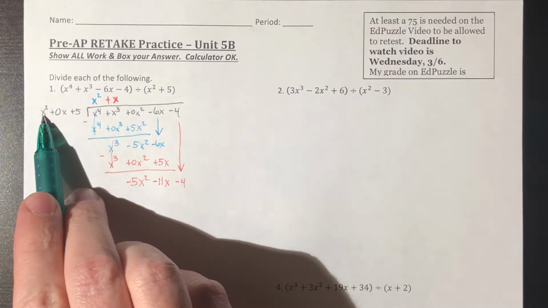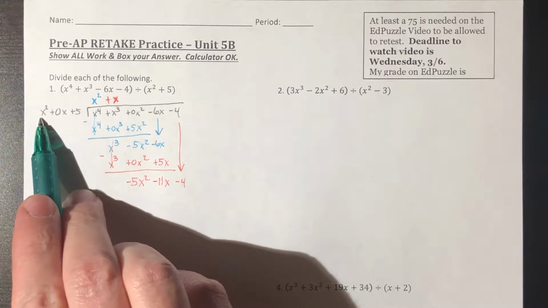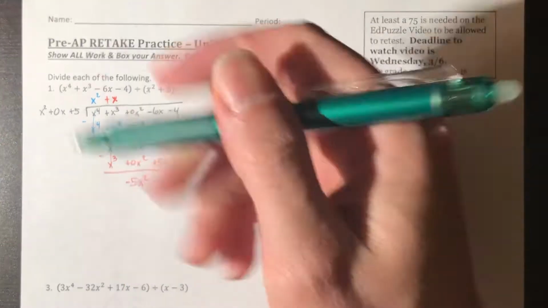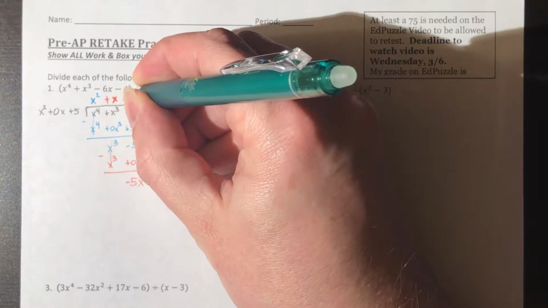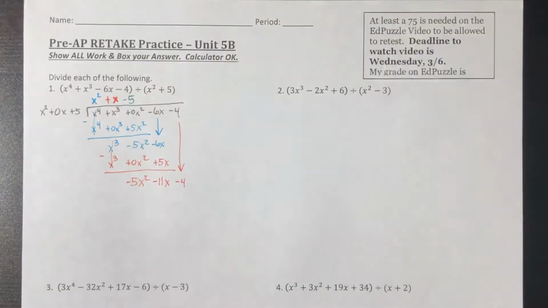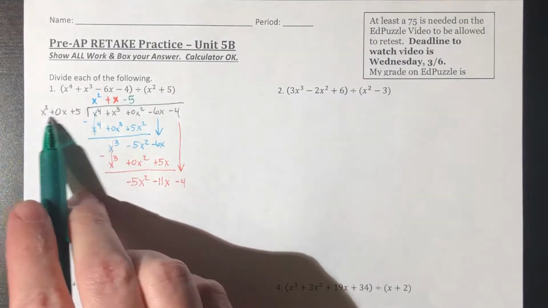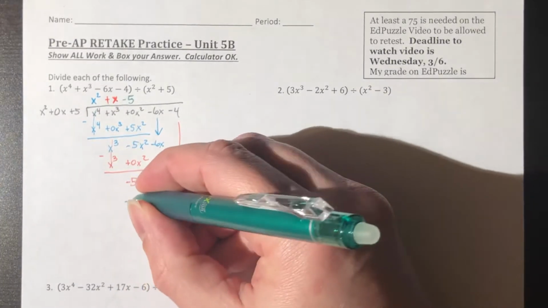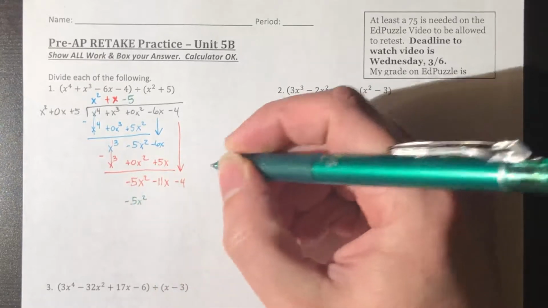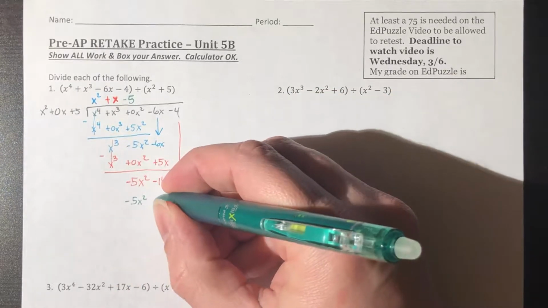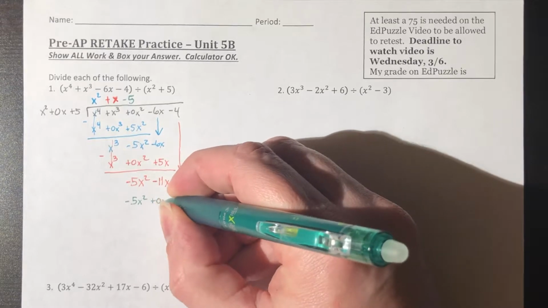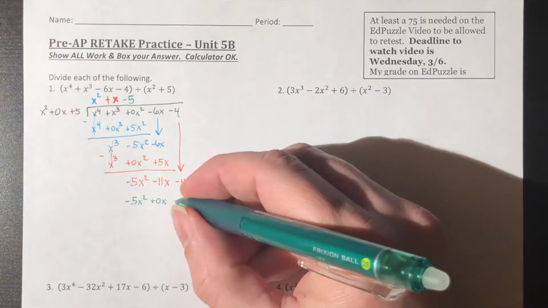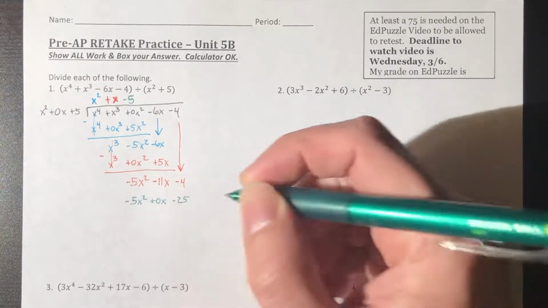One more time. To get from x squared to negative 5x squared, I need to multiply by negative 5. So I'm then going to multiply all of those terms by negative 5. So x squared times negative 5 is negative 5x squared. The 0x times negative 5 is going to give me 0x. And then 5 times negative 5 is negative 25.